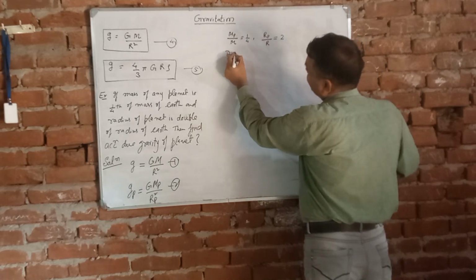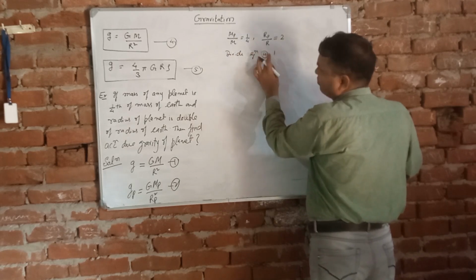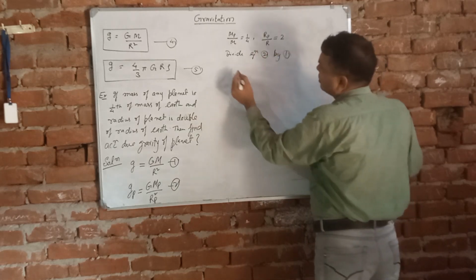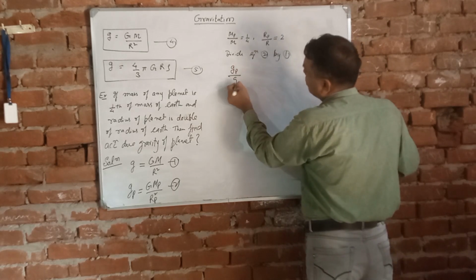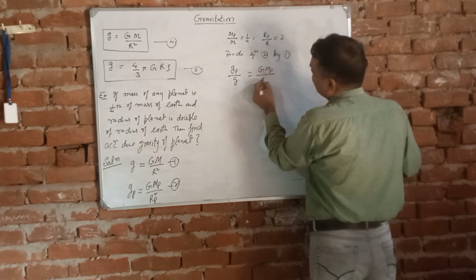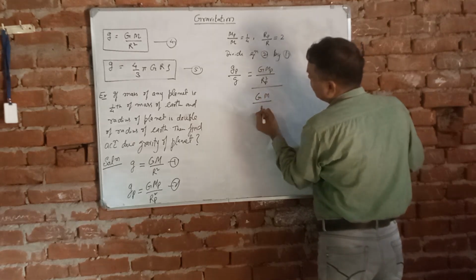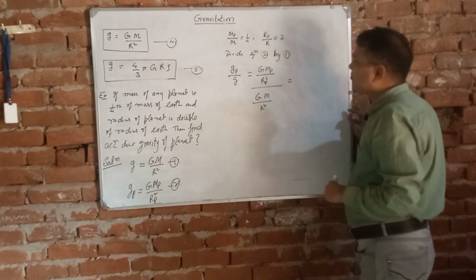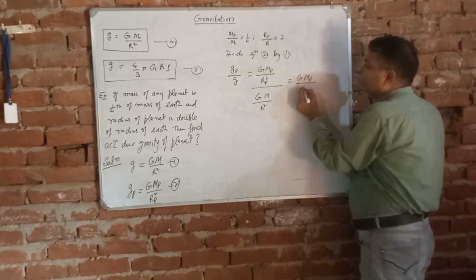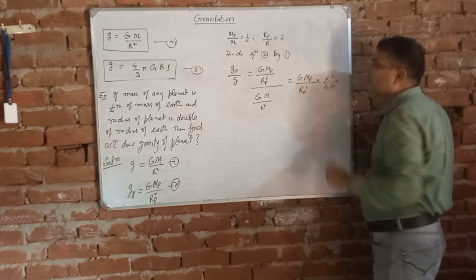Divide equation 2 by 1, then gp by g equal to G mp by rp square divided by G M by r square.